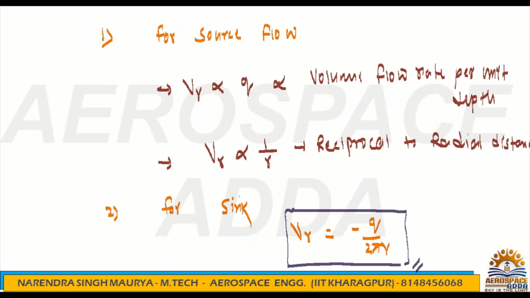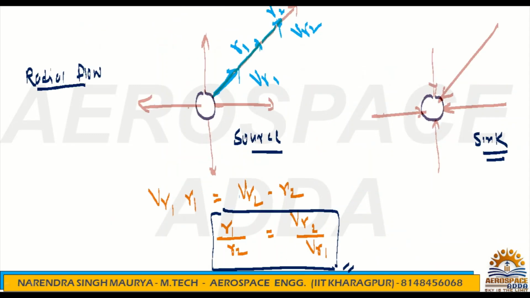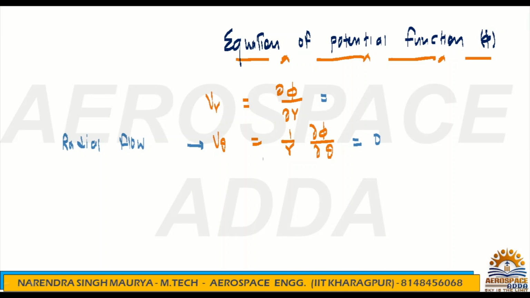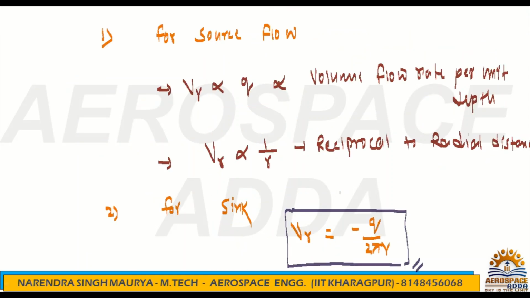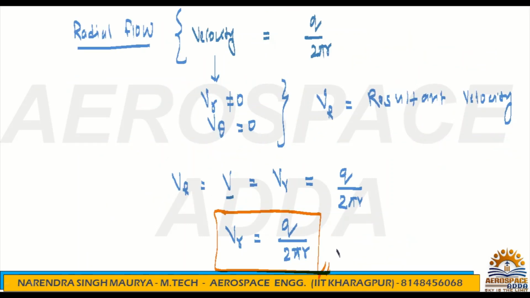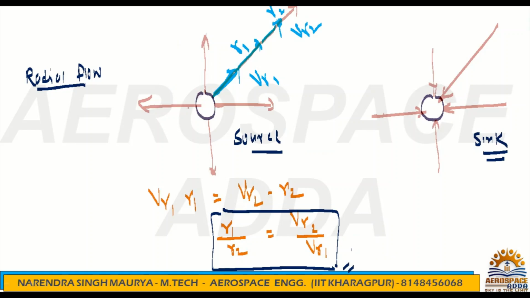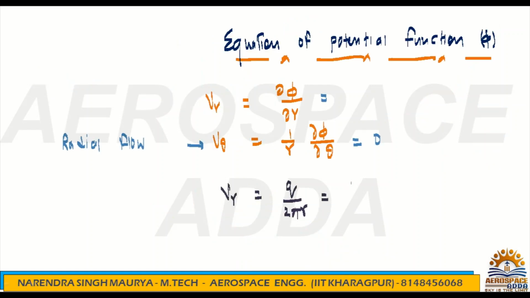Now coming to vr, vr is nothing but dou phi by dou r. What is the vr value? Just now you derived vr is nothing but Q upon 2 pi r.